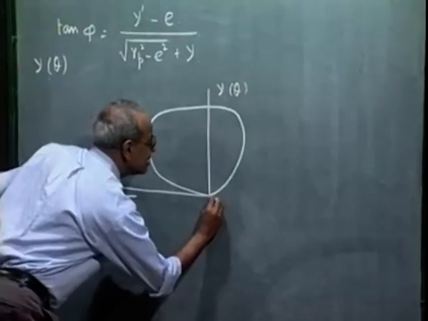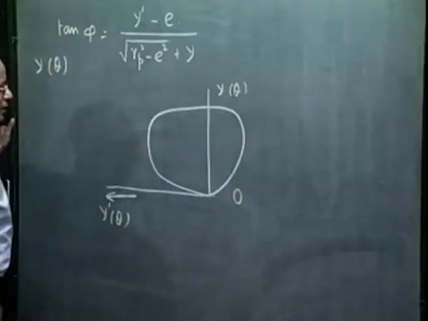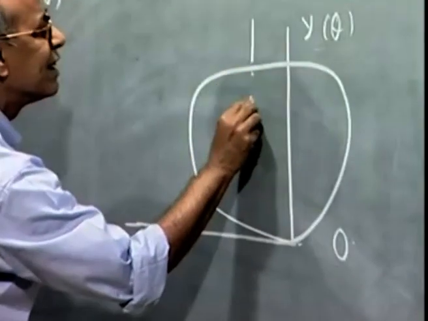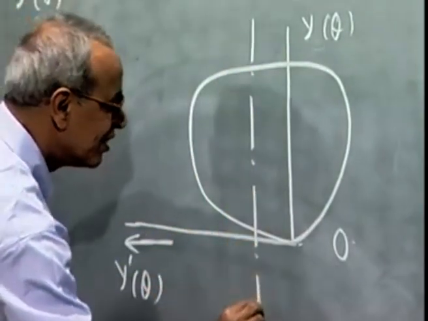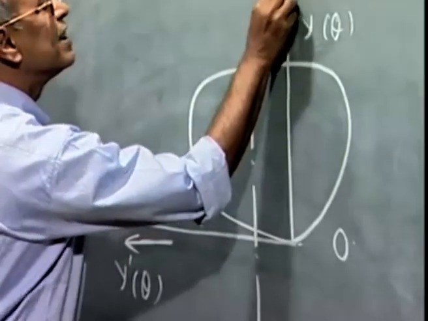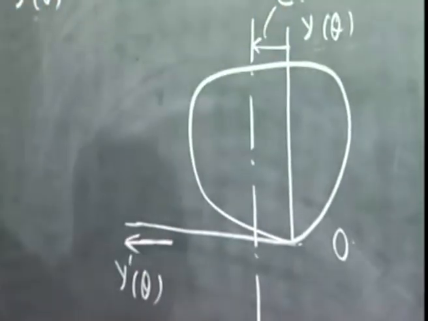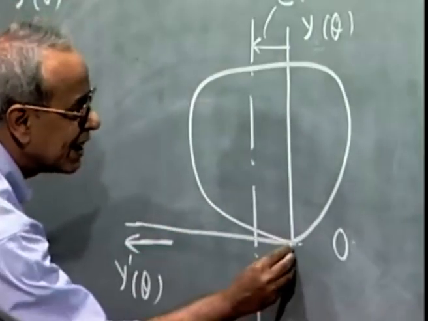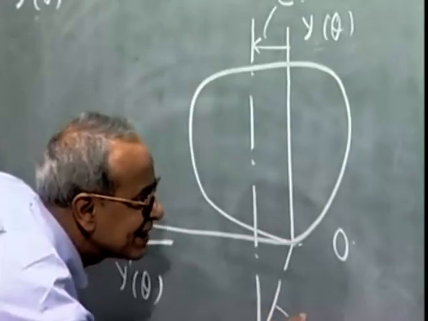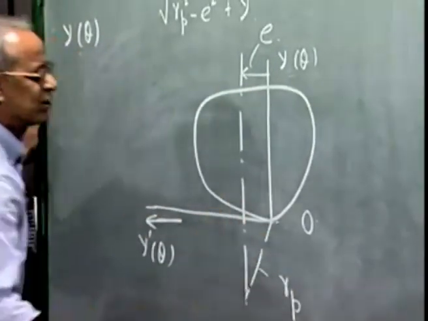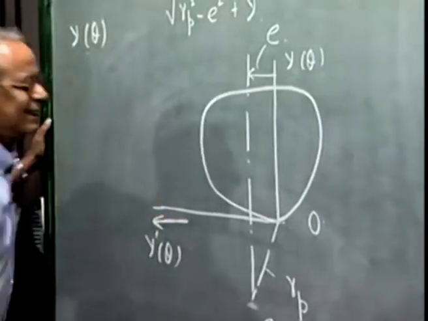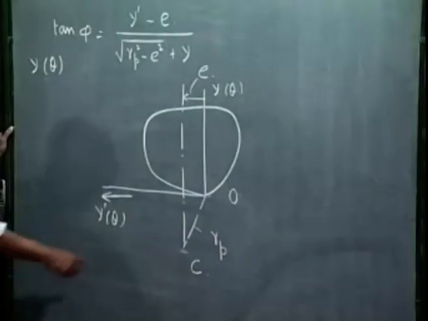This is the origin, let us say O. Now, if I draw a line at a distance E, the offset, and take a point on this line which is at a distance Rp from this origin O, and I call this point C. How is C located?